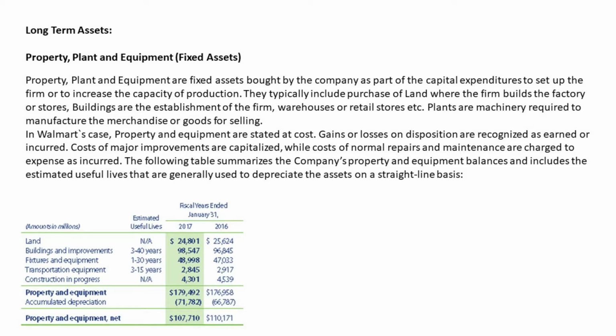So that is why Walmart is indicating the useful lives, and it's very useful for us to evaluate the depreciation factors also, which is an important factor again to do the valuation. Asset value, we have to consider depreciation also as an important factor. Property and equipment, to put together, is around $180 billion, and accumulated depreciation is around $70 billion.